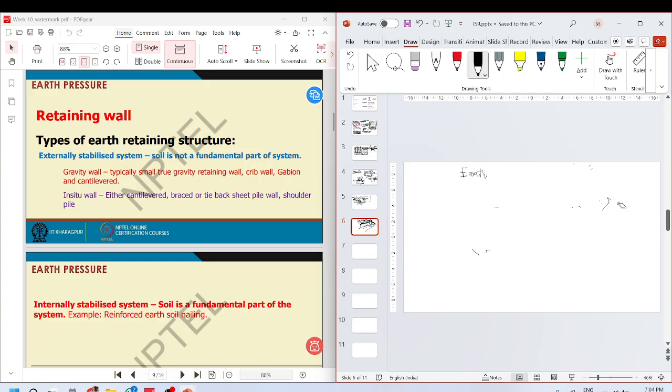Another example: let's say I bought land in a sloping area. This is my property line, and this is the property line of my neighbor. When I do excavation, cutting and filling, I don't want my land to be like this.